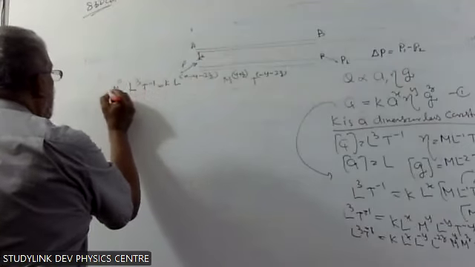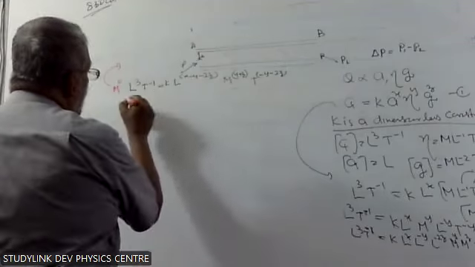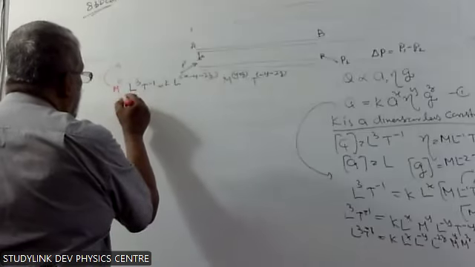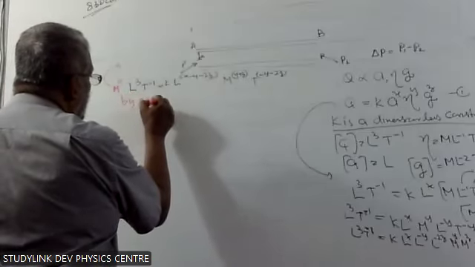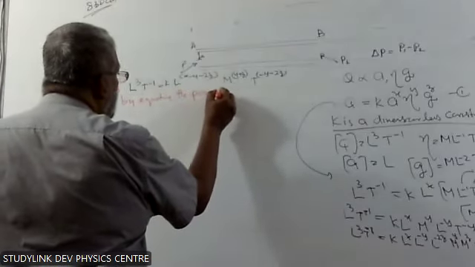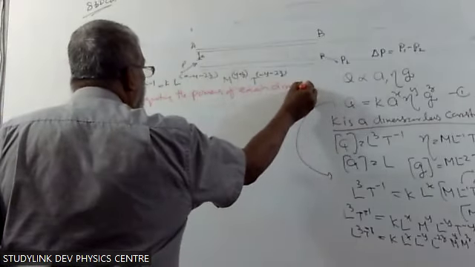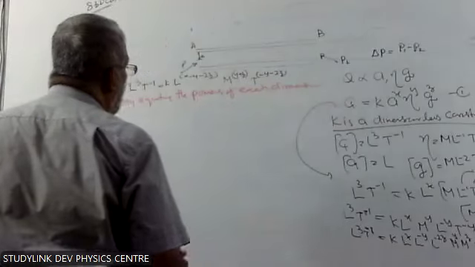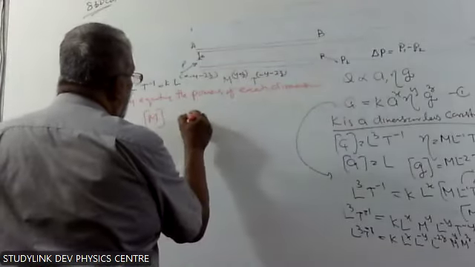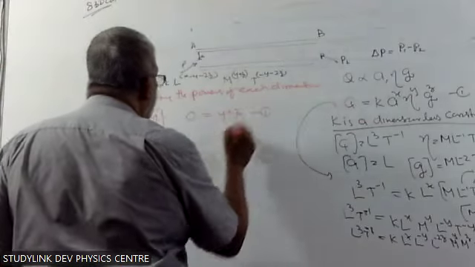So you have to write by equating the powers of each dimension. First one M: 0 is equal to Y plus Z. First equation.